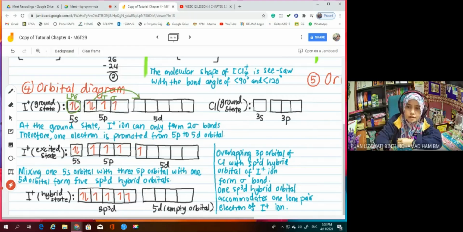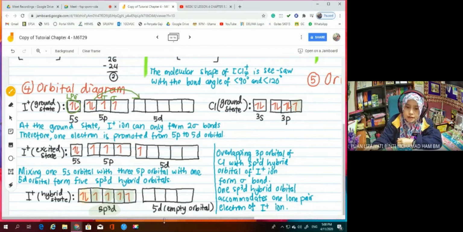For the terminal atom, it's referring to Cl. Cl is neutral, which means it has 7 valence electrons. From here we can see the sigma bond is formed when the 3p orbital of Cl overlaps with an sp3d hybrid orbital that contains a single electron. As for the paired electron in the sp3d hybrid orbital, this one is to show the lone pair.